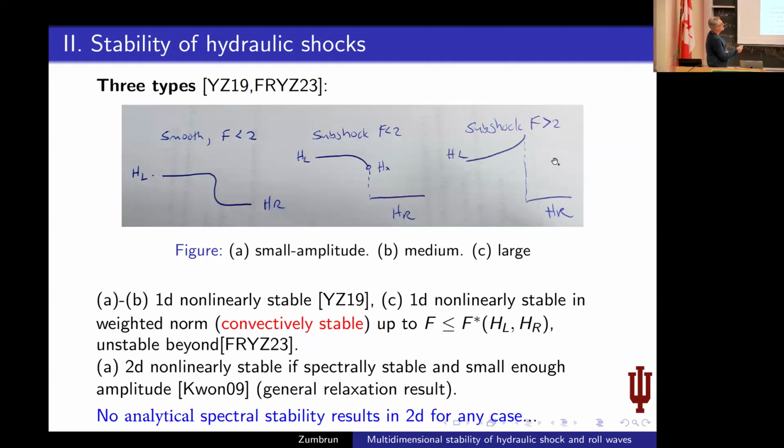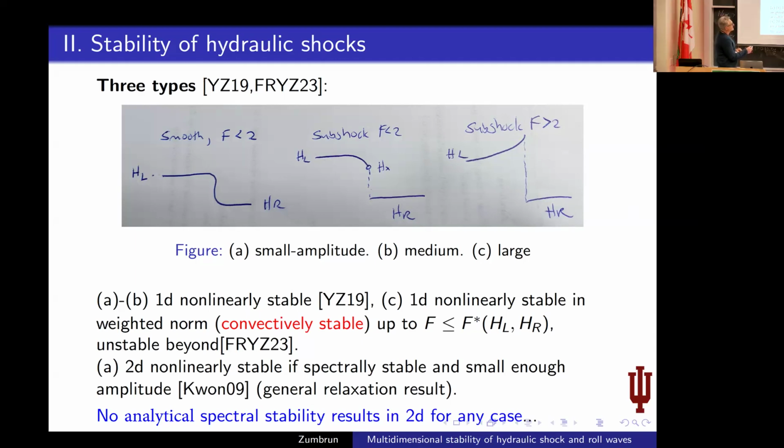Okay, but then for F bigger than 2, there also are some shocks, and they are stable, but in a more restricted sense. I already mentioned to you that homoclinics couldn't be stable in the first talk because the end states were not stable as constant solutions. Same thing holds here because F is bigger than 2. How is it stable? Well, it's stable with respect to a weighted norm. That's called convective stability.